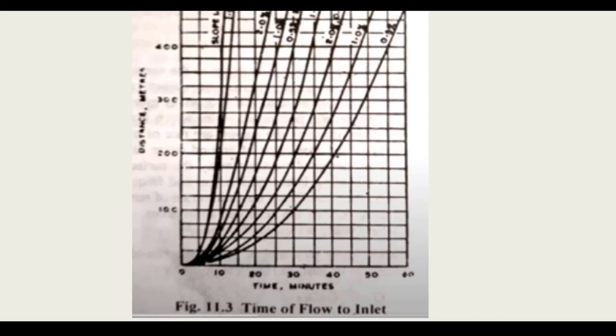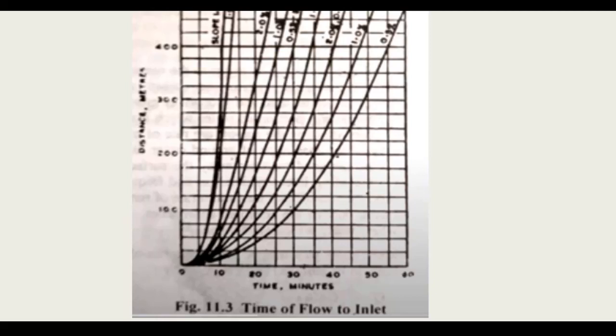So in the coefficient also we had seen how it varies with respect to the type of the surface. In the other case, for surface drains and pipe drains, higher velocity of flow is permitted.